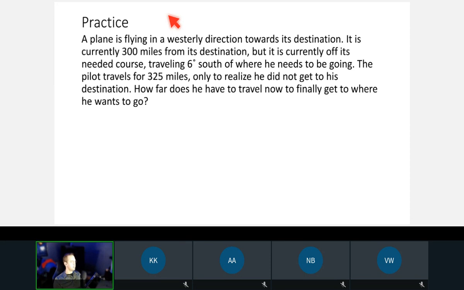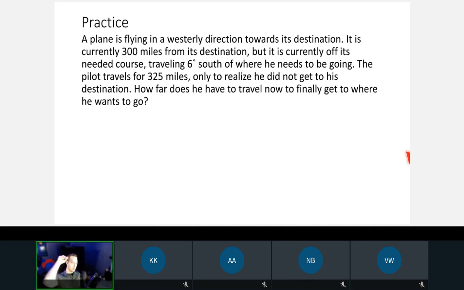The pilot travels for 325 miles, only to realize he or she did not get to the destination. How far does he or she have to travel now to finally get to where he or she wants to go? So, with all word problems, always draw a picture, and no surprise, it's going to be a triangle, right?